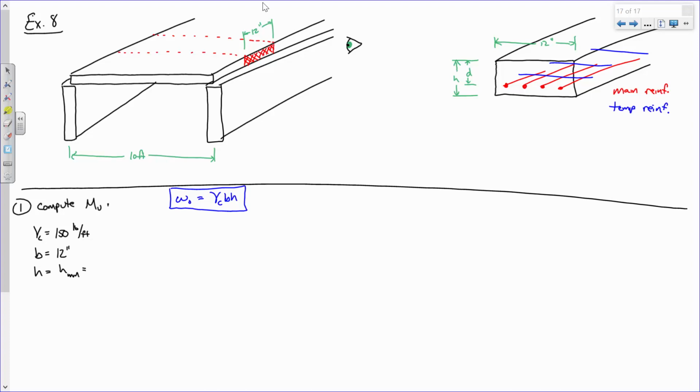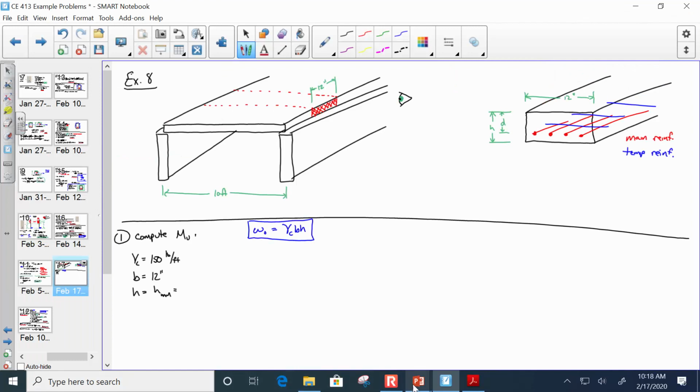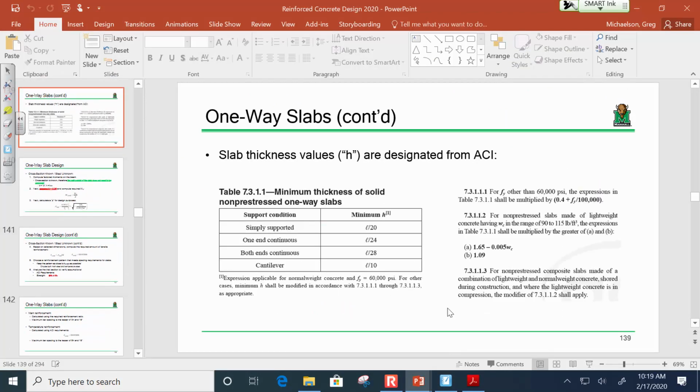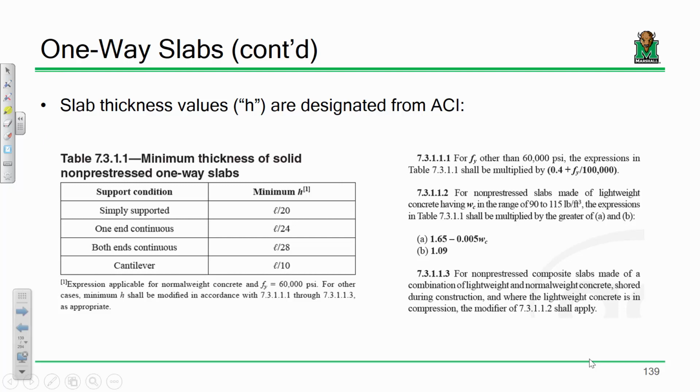So now we've got to go back to ACI. We're going to ask ourselves, what is the minimum height for a slab? Well, here we go. I have a slab, and we're using regular old material properties, so we don't need to adjust what's in this table for higher grades of steel or lightweight concrete or anything like that.